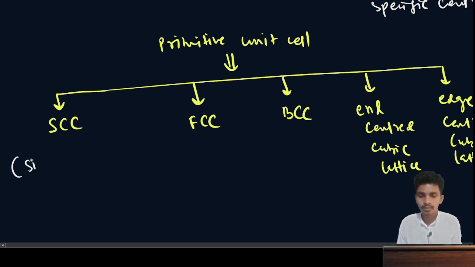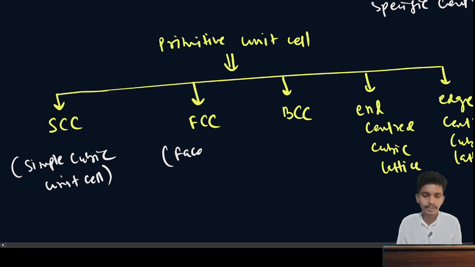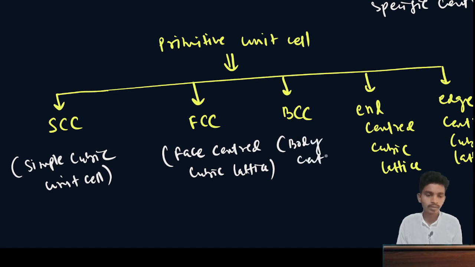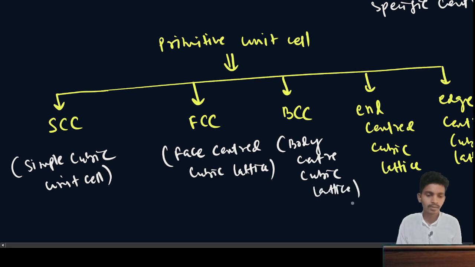This is the simple cubic unit cell, and this is the face centered cubic lattice, and this is the body centered cubic lattice, and this is the end centered cubic lattice, and this is the edge centered cubic lattice.